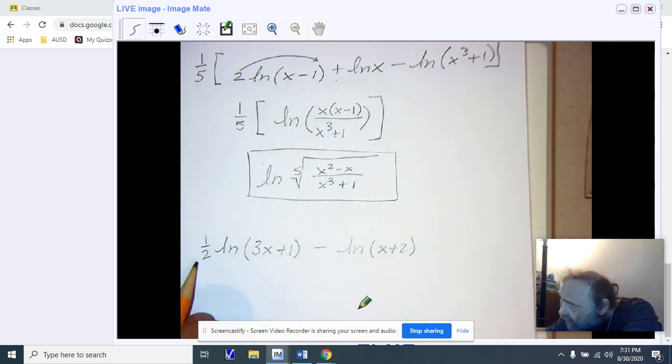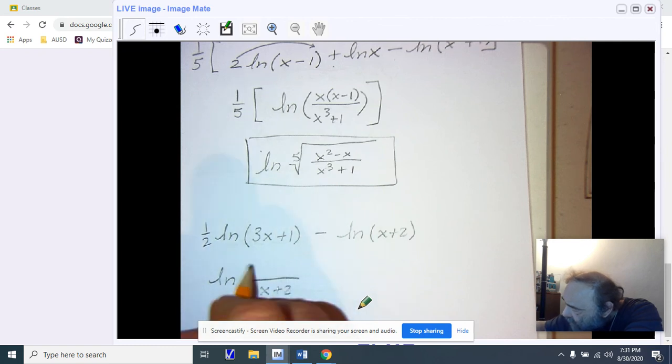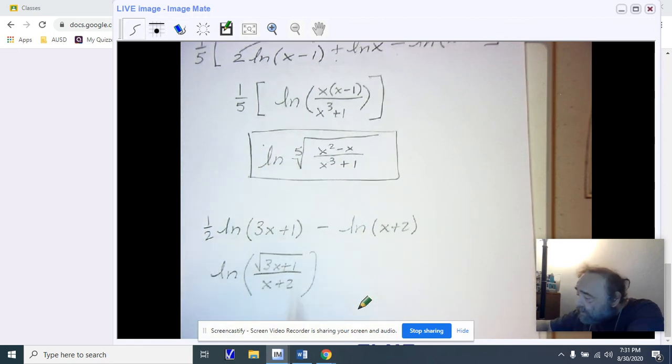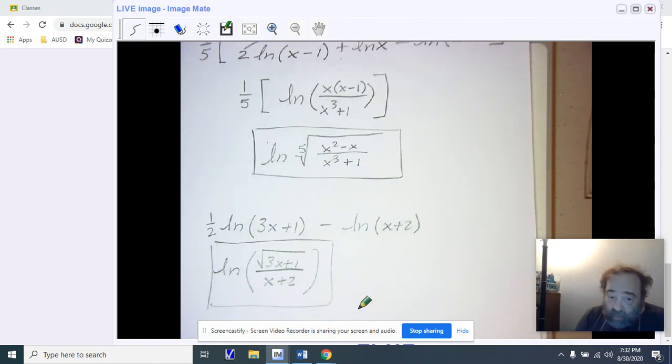Notice the 1/2 is no longer outside of brackets, so we're looking at a quotient because of the minus, x plus 2, and then we have the square root of 3x plus 1 in the numerator. This is then our answer from a multiple log statement into a single log statement. Notice how the expanded form didn't have any radicals, yet the condensed form does.